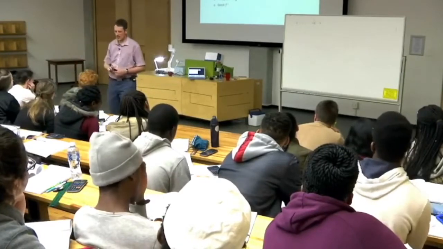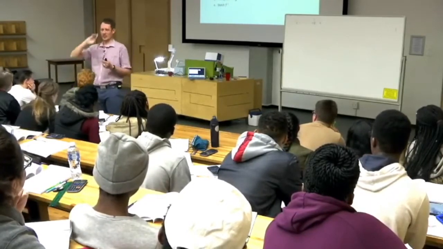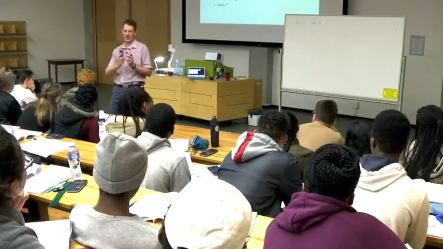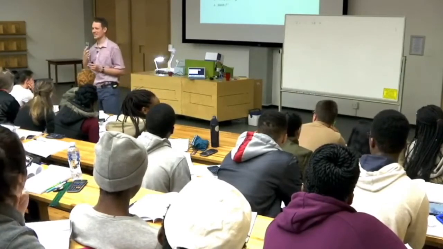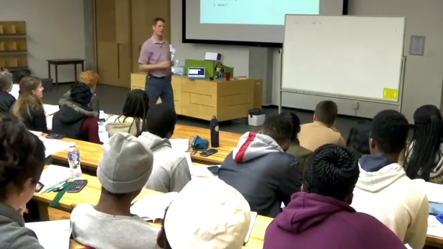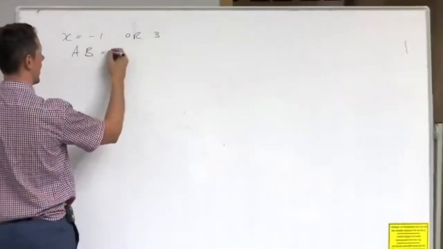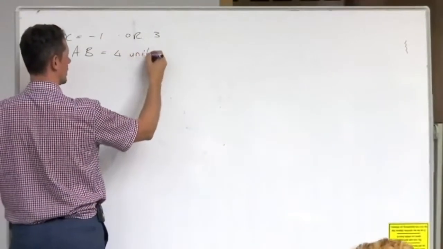AP Maths, guys, your calculator, the FX991ZA, is your best friend. It can solve the equation for you. Okay, so AB is 4 units.